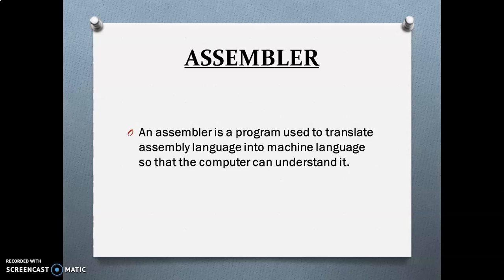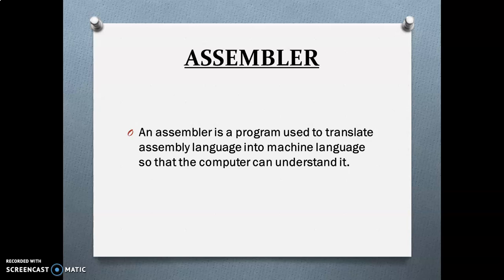Now what is mnemonics code? Mnemonics codes are the codes which are used for special types of operations. Like for addition, we use the mnemonic code as sum, S-U-M. If we have to subtract 2 digits, then we will use the mnemonic code as difference.